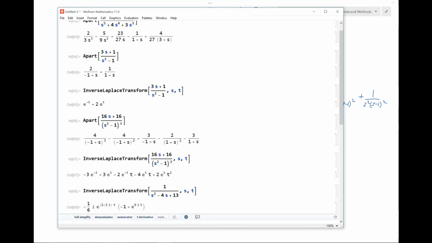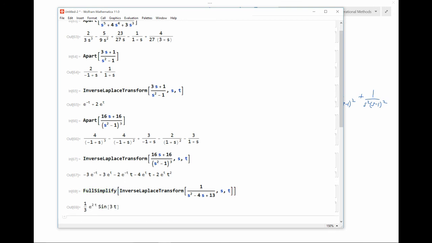And Mathematica gives us the answer involving complex numbers. We can use the function FullSimplify to express it in terms that are more familiar to us, and we get e to the 2t, that was the shift, we get sine of 3t, and we get the coefficient 1/3.